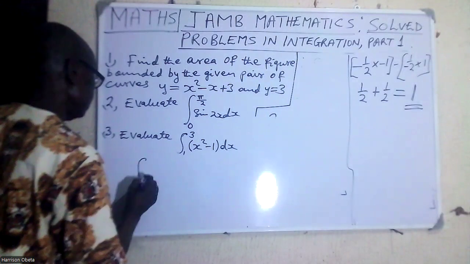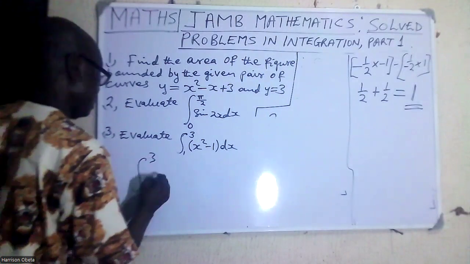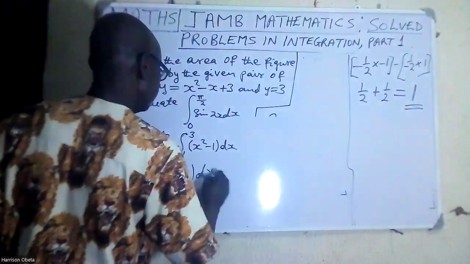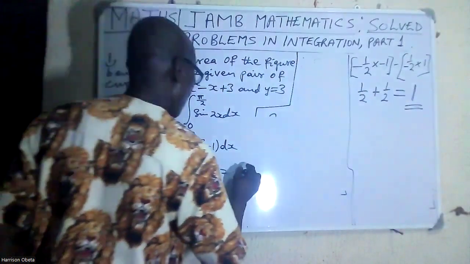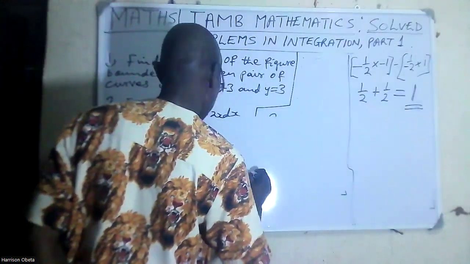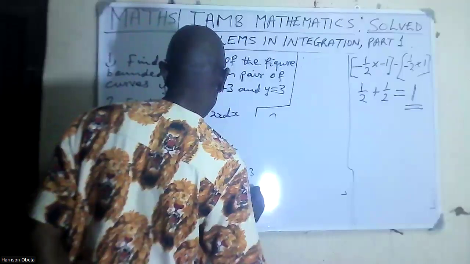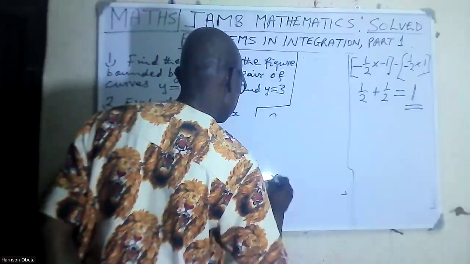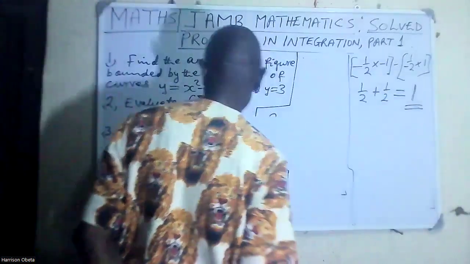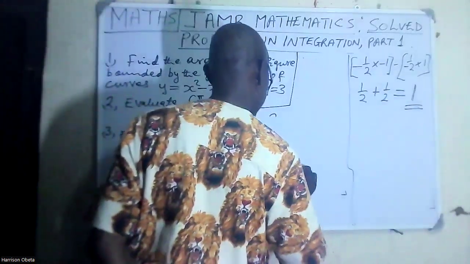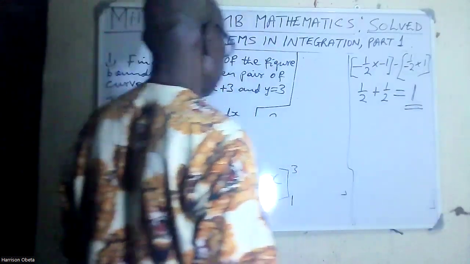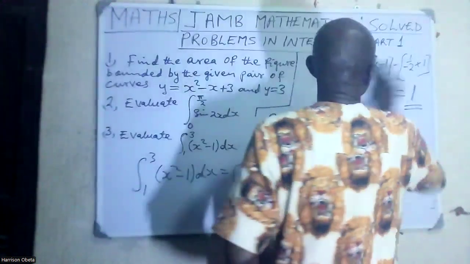So the integral from 1 to 3 of x squared minus 1 dx is the same thing as x cubed all over 3 minus x. Then we put the limits 3 and 1.